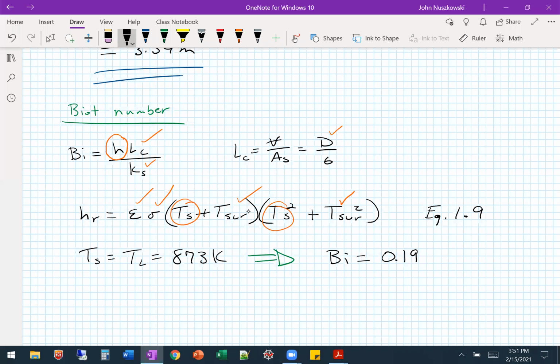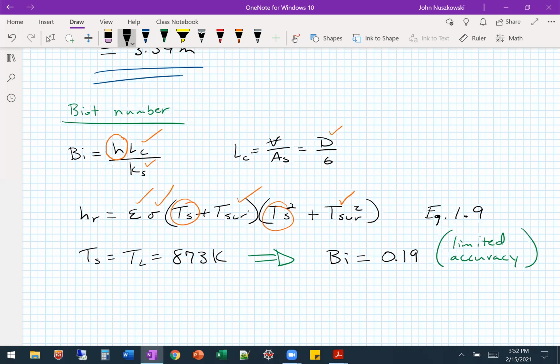Okay, and that's going to tell us what? Not applicable. Yeah, not applicable, or let's say limited accuracy. So this might be more of a ballpark number, a rough estimate, right?